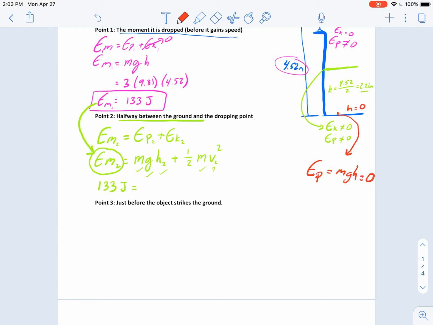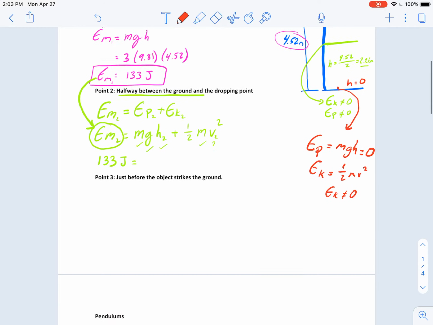So our EP equals 0 in this case, but EK, this is right before it hits the ground, that's where it has its maximum speed, is going to be 1/2 mv squared. So it does not equal 0 at the bottom, because it's built up all that speed. All the potential energy from the beginning has been converted into kinetic energy at the bottom.